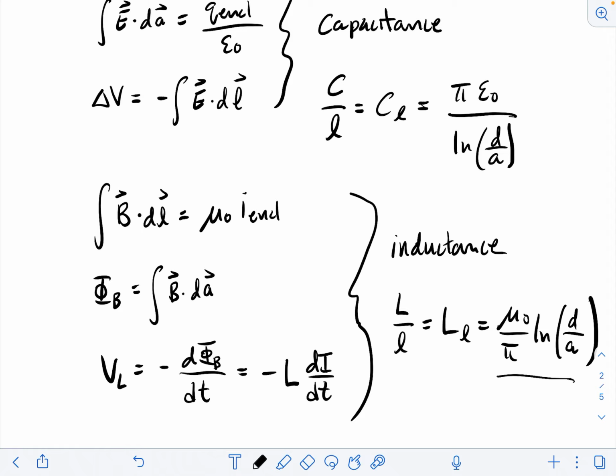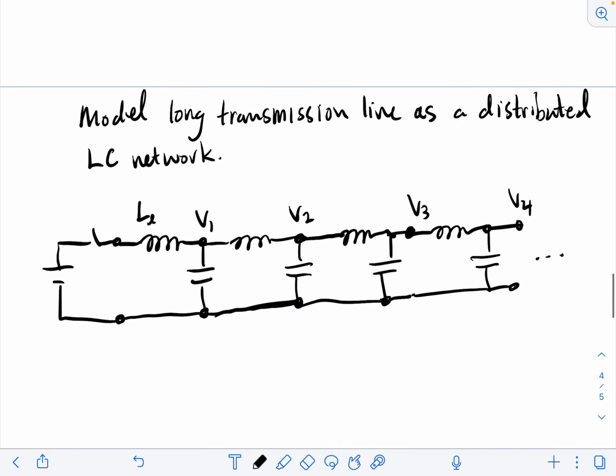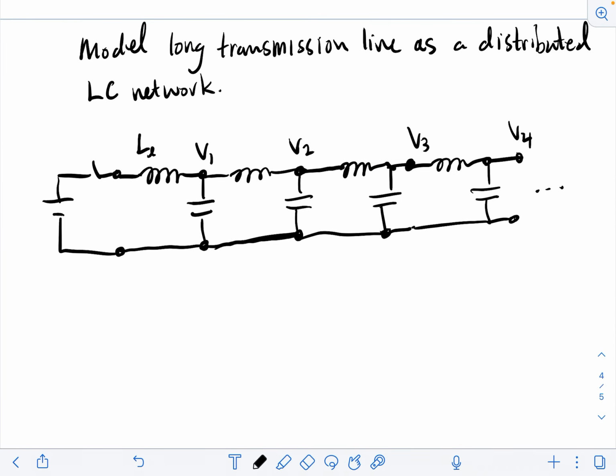When we divide by the length, there's no L in this expression. So each one of these little LC branches has the same inductance per unit length and the same capacitance per unit length. And then if we multiply by delta Z, the length of each branch, that tells us the inductance of each of these inductors, and likewise the capacitance of each of the capacitors is the capacitance per unit length times delta Z, the length of that branch.